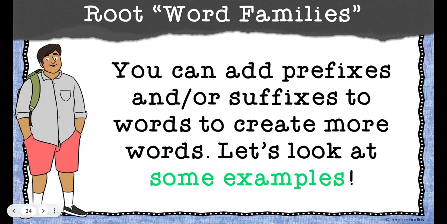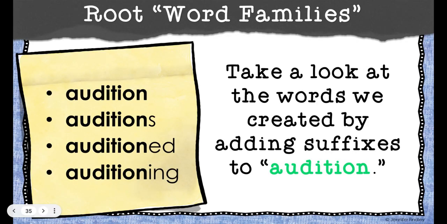Remember, you can add prefixes and or suffixes to words to create some more words. So let's look at some examples of how that works with aud. We've got audition. That means we also have auditions, auditioned, and auditioning, because we can create all those words just by adding some suffixes to audition.